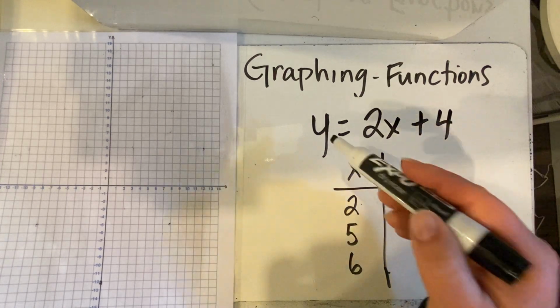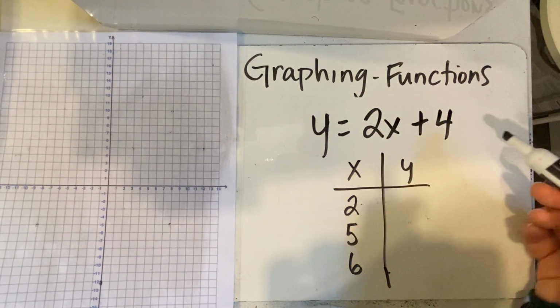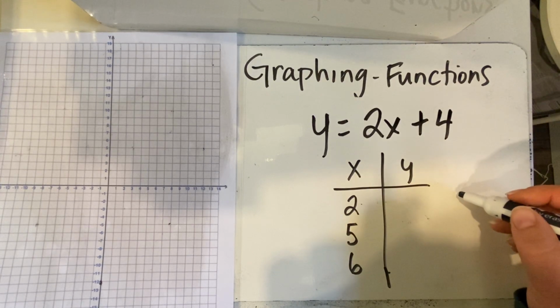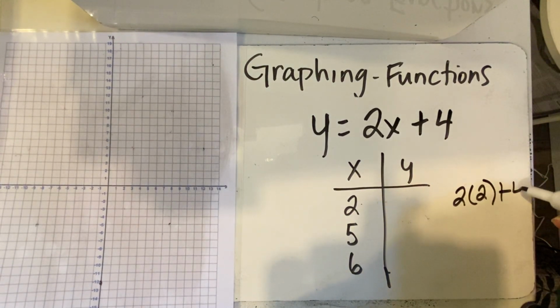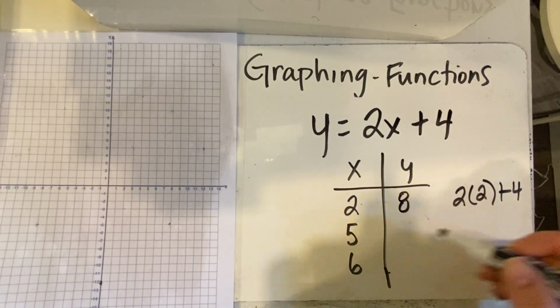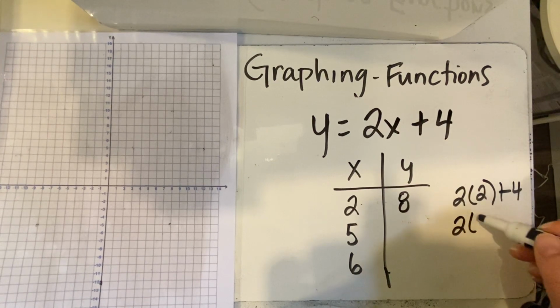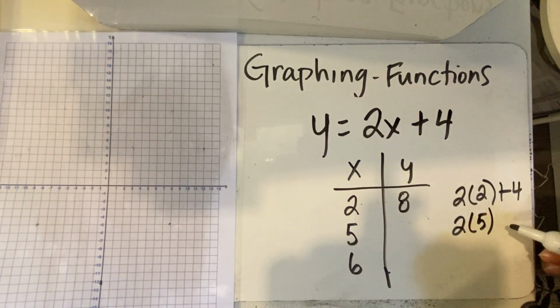With my specific y value, when x is equal to 2, I'll do my substitution right here: 2 times 2 plus 4. So I have 4 plus 4 is 8. Now what happens when it's 5? 2 times 5, right? I'm substituting it in for the x value.